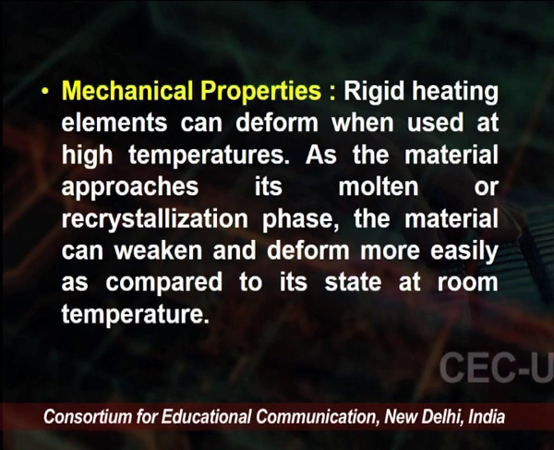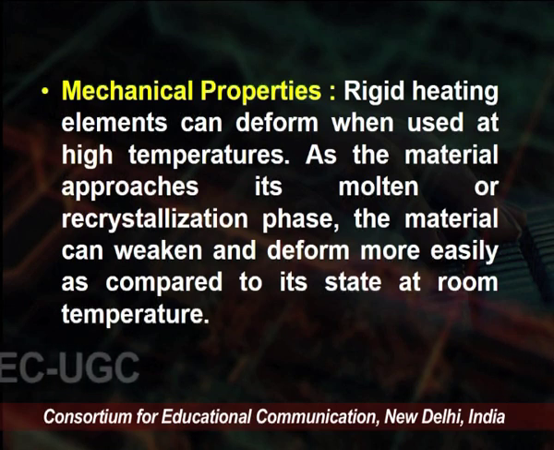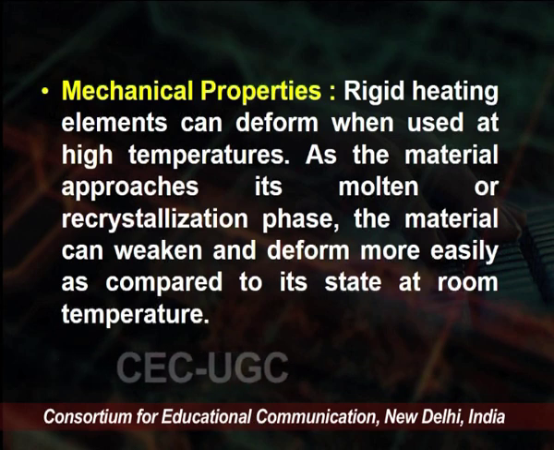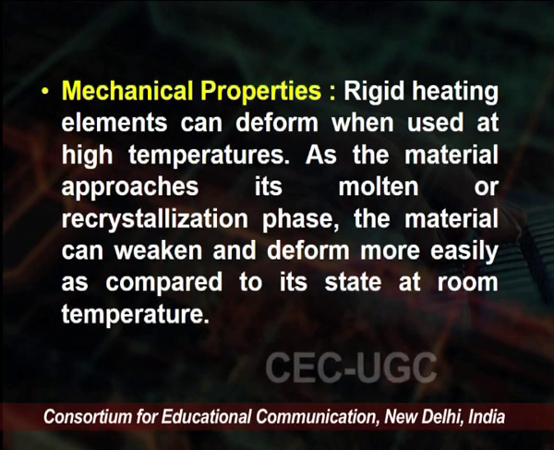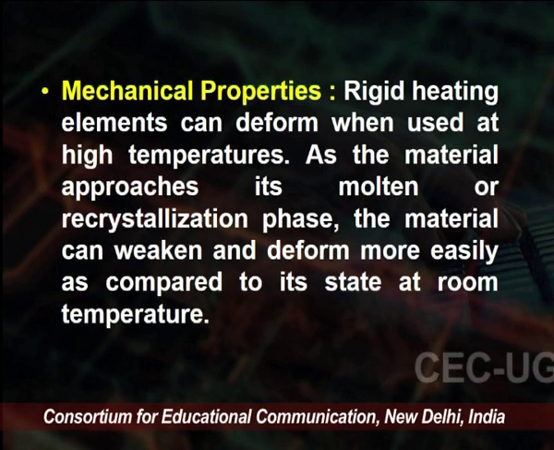As the material approaches its molten or recrystallization phases, it can weaken and deform more easily as compared to its state at room temperature. So, we choose the element in such a manner that it should not be rigid towards the heating. A good heating element can maintain its form even at high temperature.